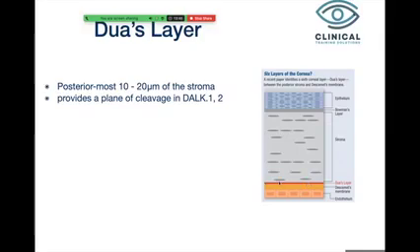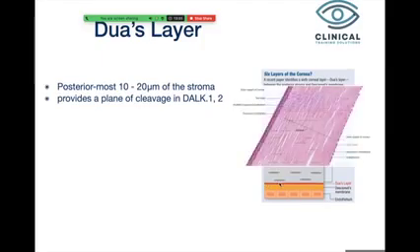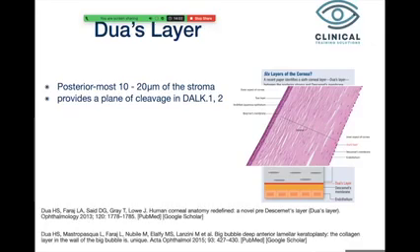It just naturally cleaved apart, and he decided that that could be a layer. You can see it when you look at these slides, and also on a couple of different slides that he's published. So we can now say that there are 6 layers to the cornea.